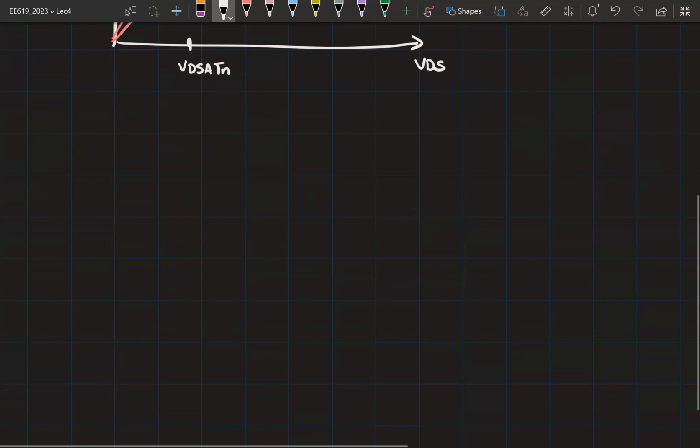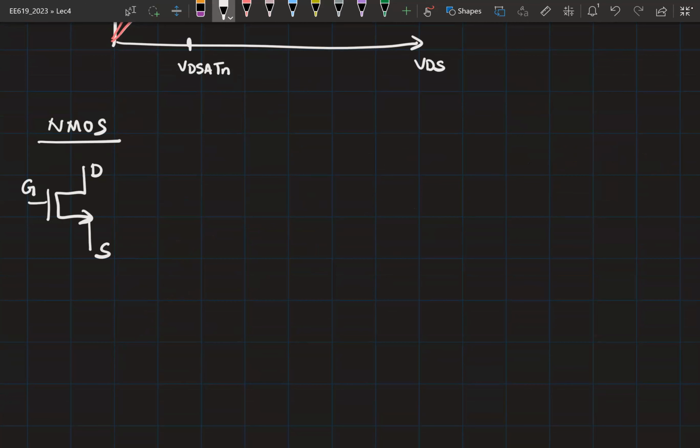So now all of you know how we represent an NMOS transistor. The symbol is this, where this terminal is gate, this terminal is drain, and this terminal is source. It can also be represented like this, where this is gate, and you determine drain and source depending on which is the higher voltage.